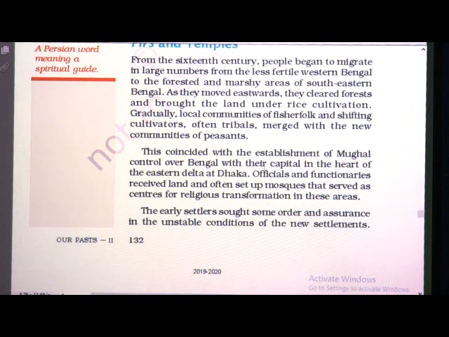This coincided with the establishment of Mughal control over Bengal, with their capital in the heart of the eastern delta at Dhaka.